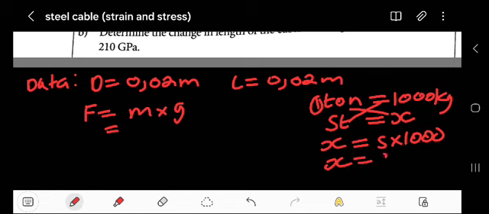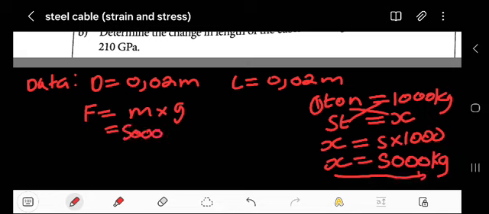You have 5000, but now you have 5000 what? Kgs. We have kgs, but here it's 5000 kgs multiplied by 9.81.